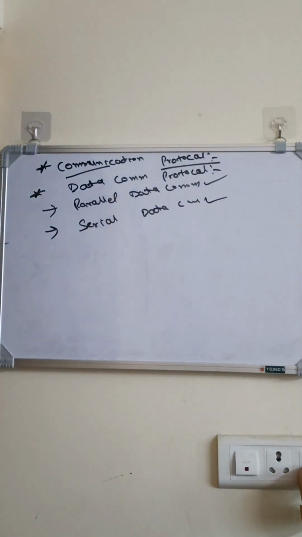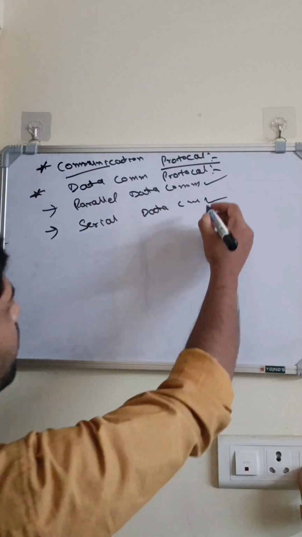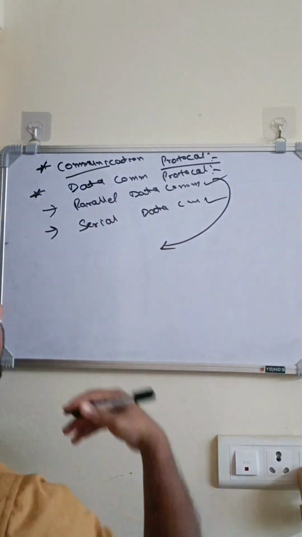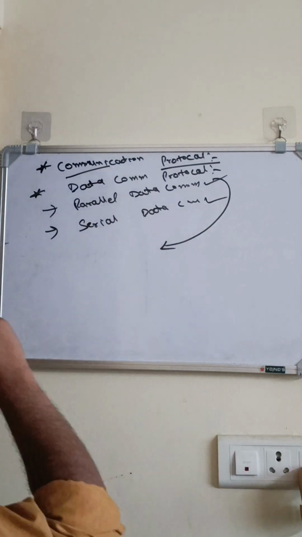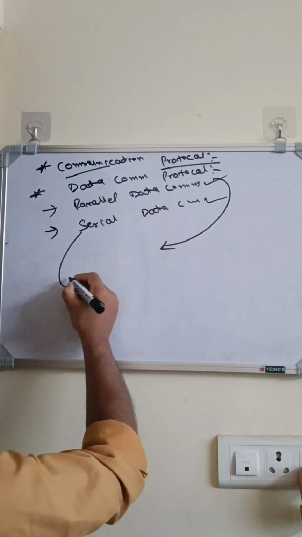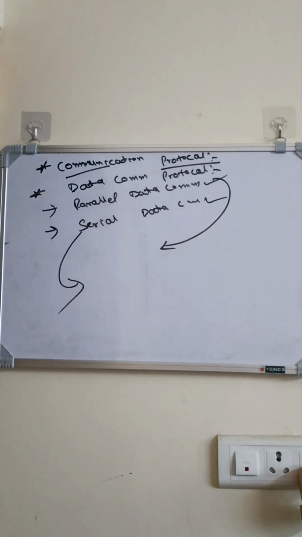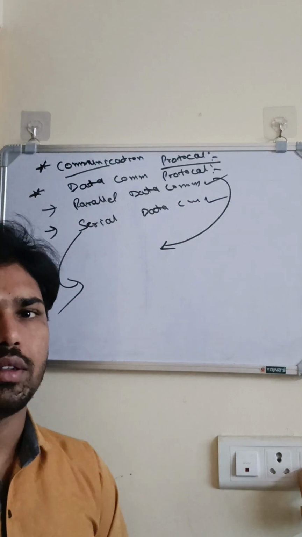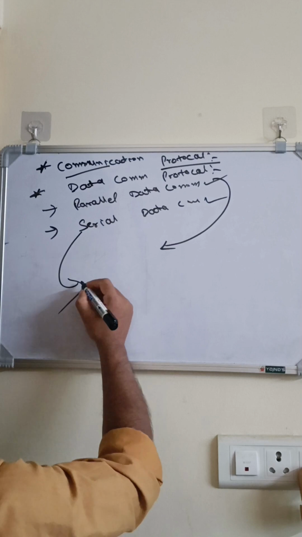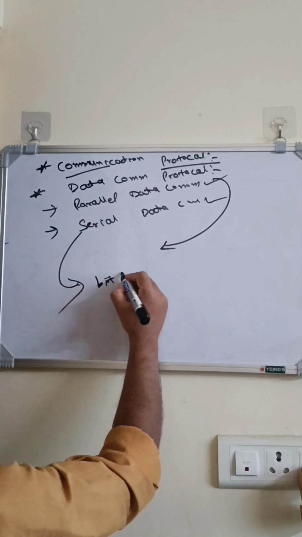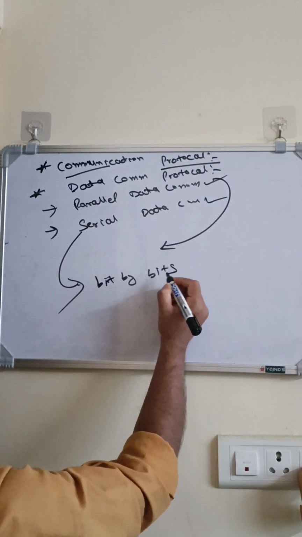Basically, parallel data communication and serial data communication are both communication where we are using data communication. Parallel means we can transmit the data simultaneously, at the same time. But in serial we transmit the data one bit at a time, bit by bit.